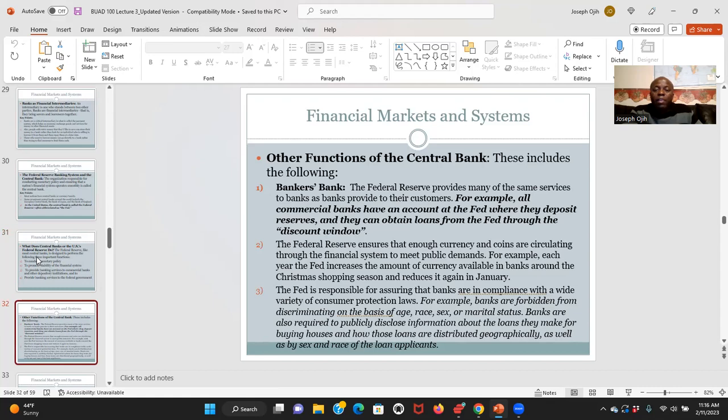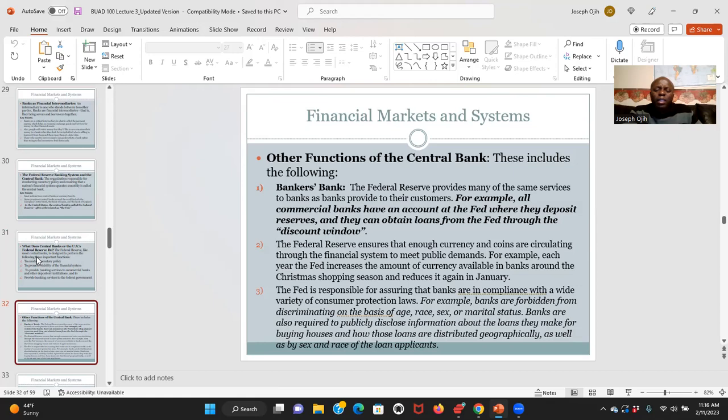So commercial banks also have accounts at the Fed, which is the US central bank. In those accounts, the commercial banks keep their deposit reserves and they can obtain loans from the Fed through the discount window. So that's one important function that is included in the other functions of the central bank.